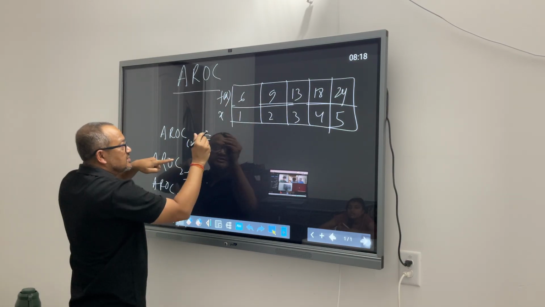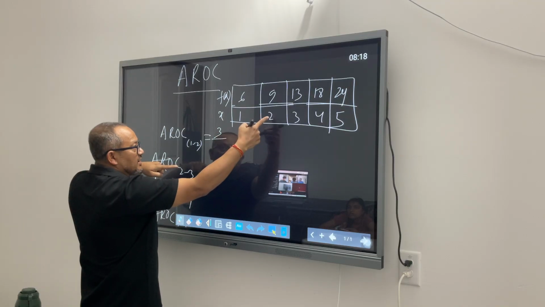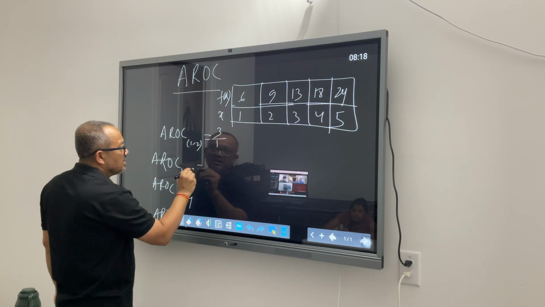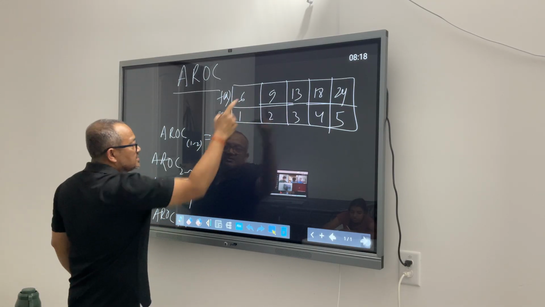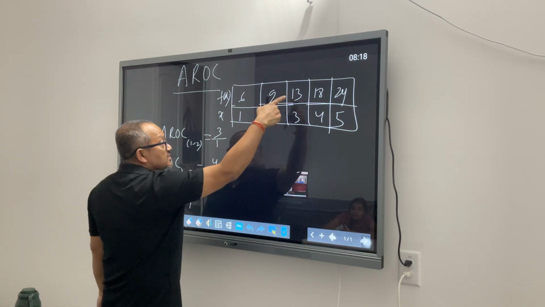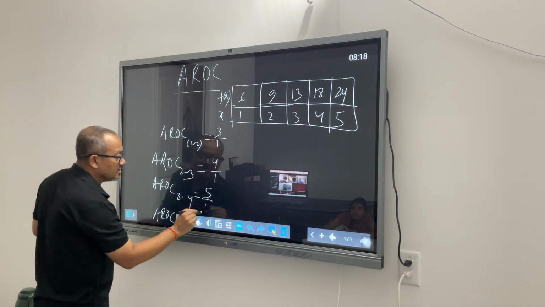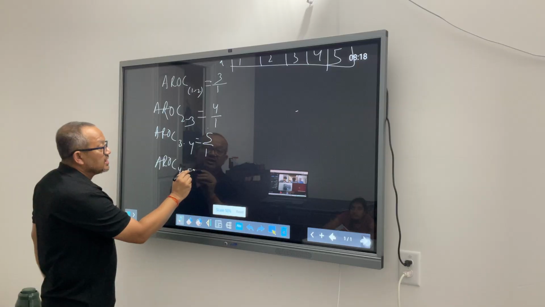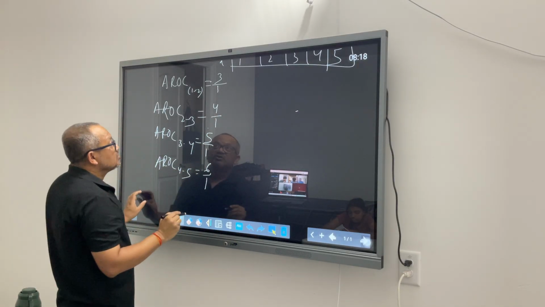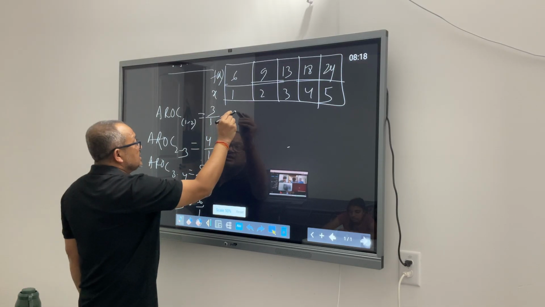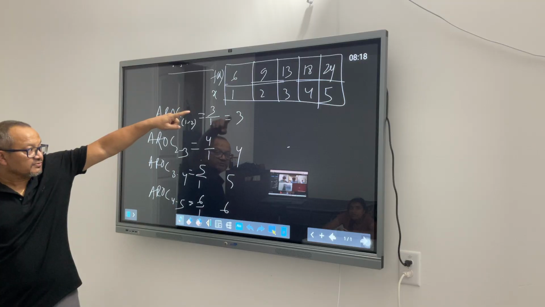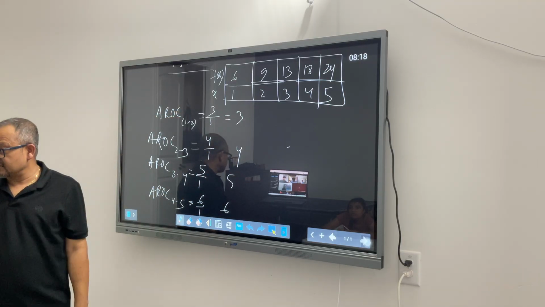So 9 minus 6, 3, divided by x2 minus x1, 2 minus 1, which is 1. So 3 by 1. In this case, 13 minus 9 is 4 by 1. In this case, it is 18 minus 13, that is 5 by 1. And here it is 24 minus 18, that is 6 by 1. So what you see, average rate of change is 3, 4, 5, 6. The average rate of change is increasing.